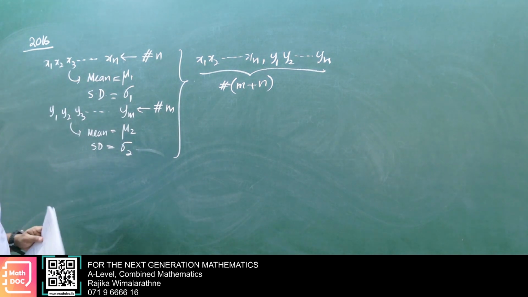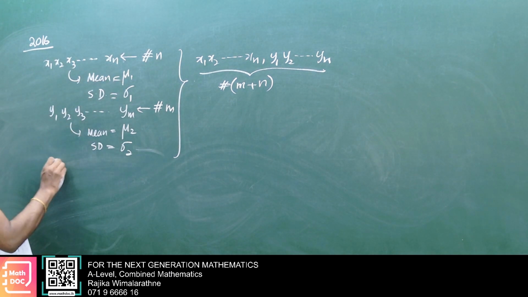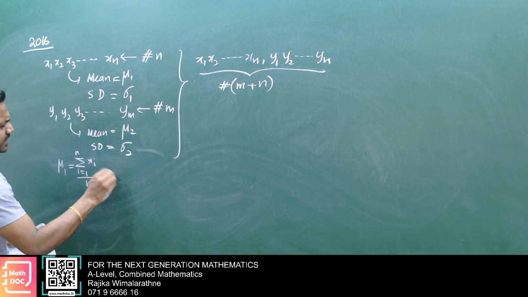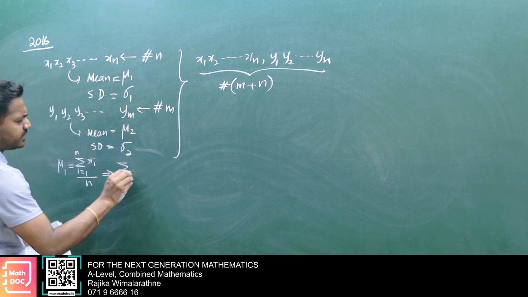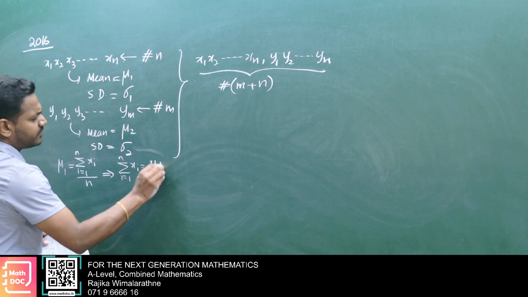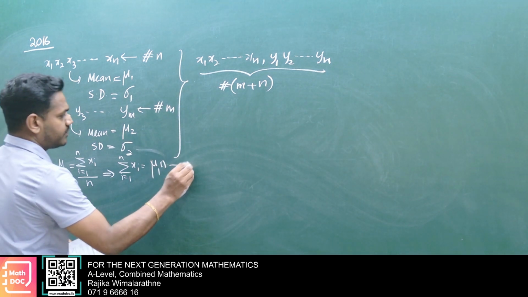Okay. Then mu1 equals the sum for i equals 1 to n of xi divided by n, so the sum of xi equals mu1 times n.